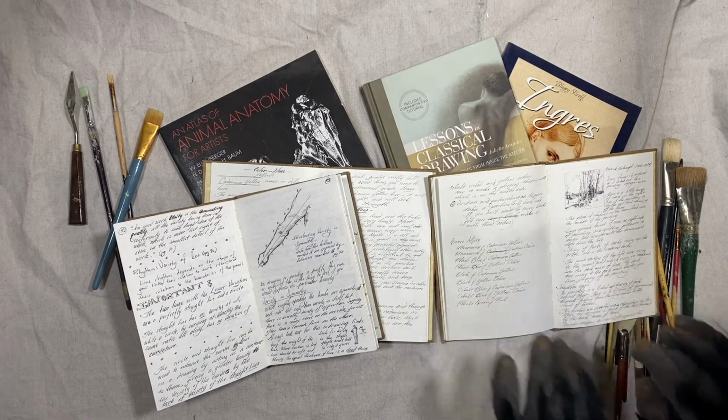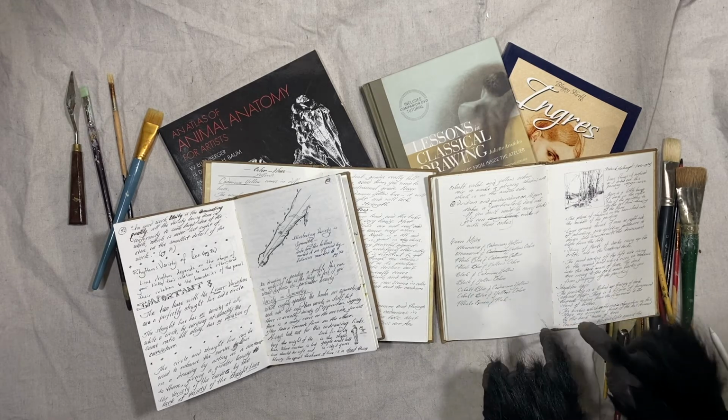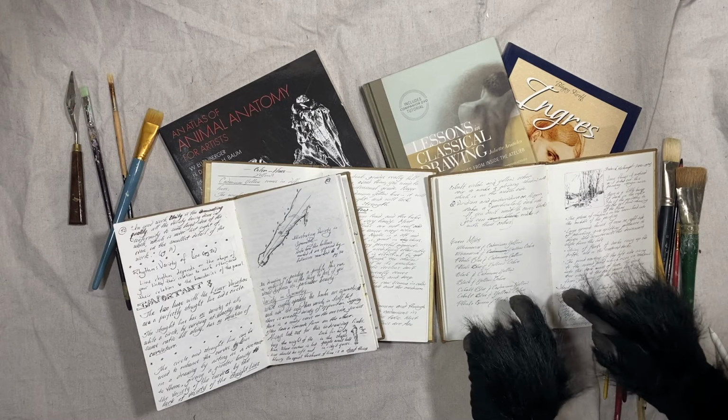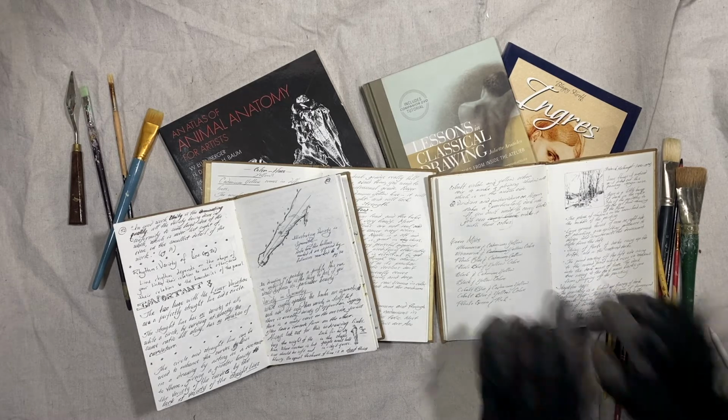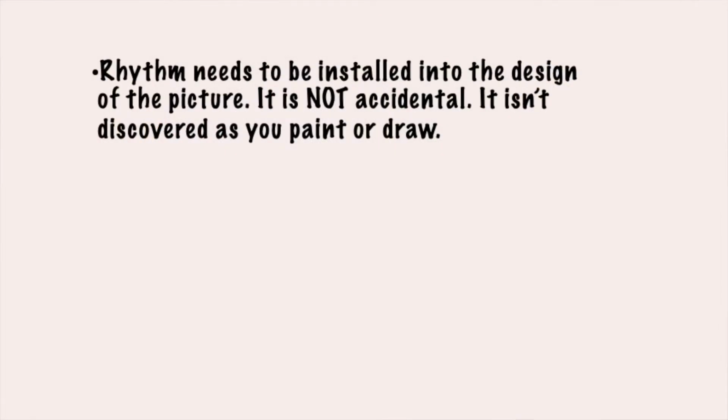To restate how to implement rhythm into your artwork, rhythm needs to be installed into the design of the picture. It is not accidental. It isn't discovered as you paint or as you draw.